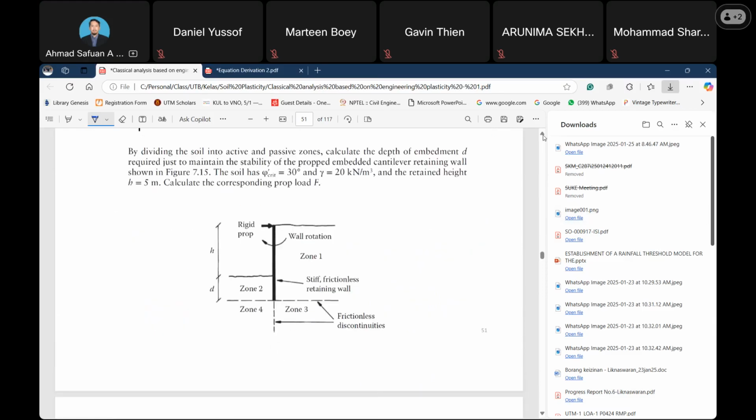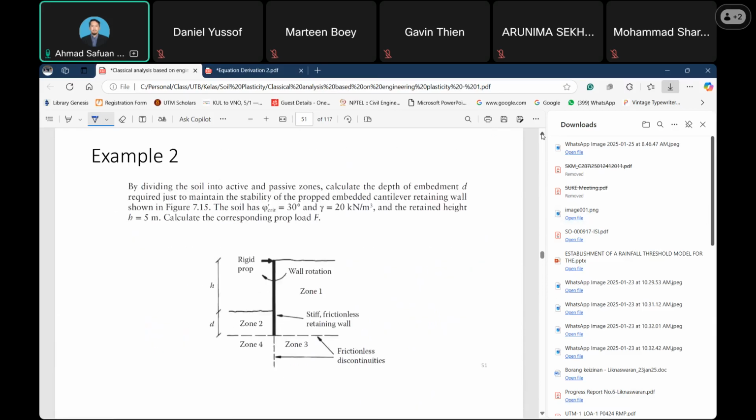Okay, this is the second example, without any groundwater. The question asks to calculate the corresponding prop load F to stabilize this retaining wall here.